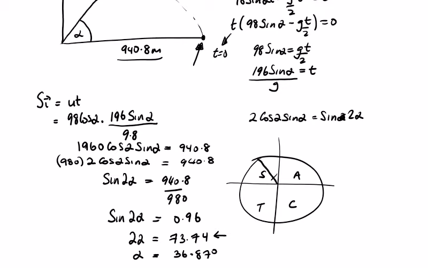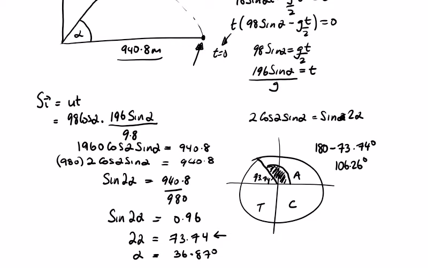So if I draw that angle there, 73.74. This other angle, that will give me an inverse sine of 0.96, it's going to be 180 minus 73.74, and that will be 106.26 degrees.